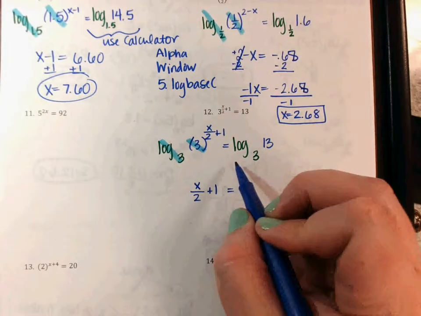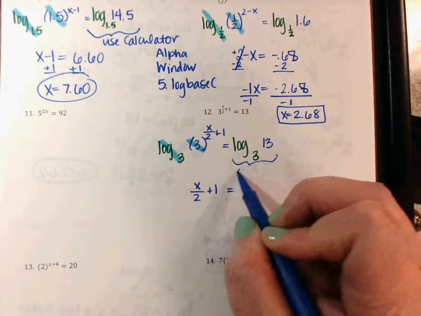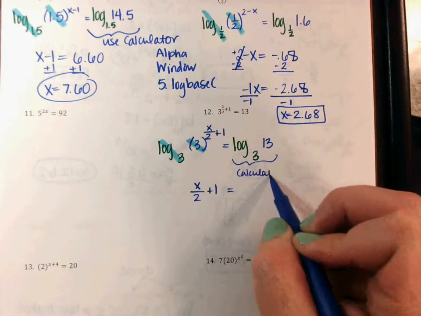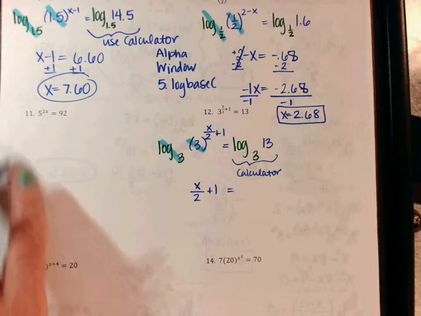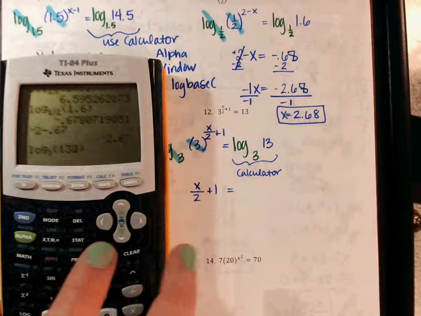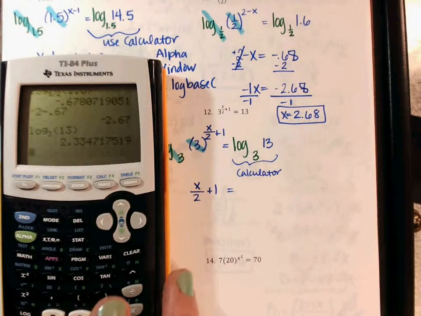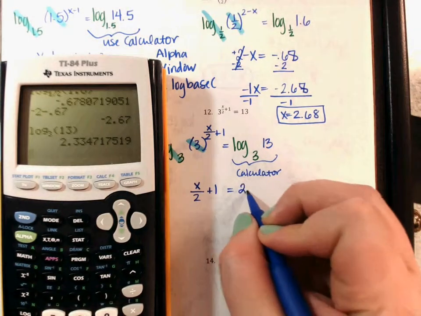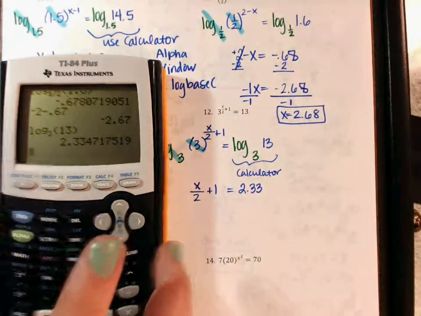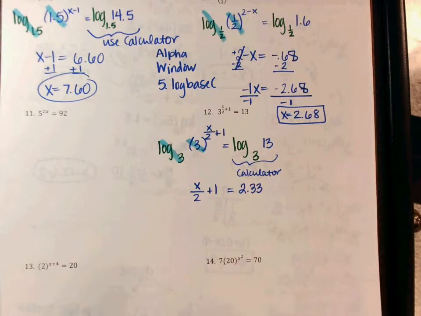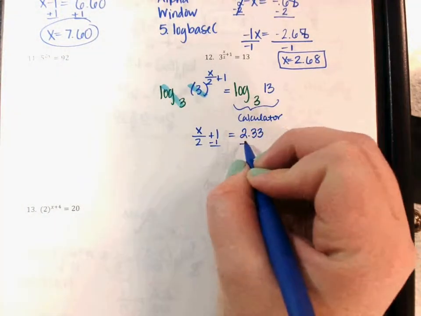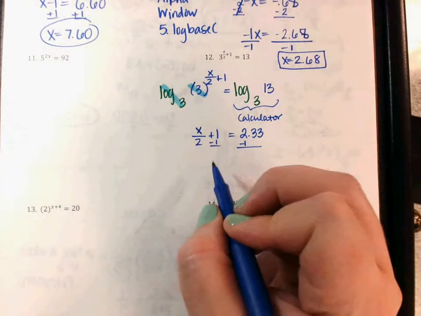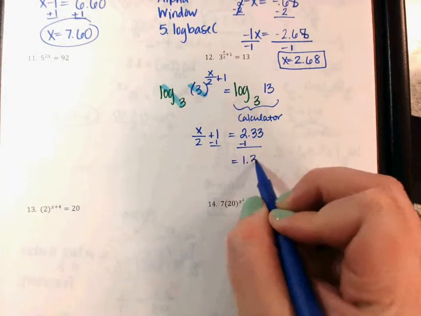And then on this side, remember, you're putting that in your calculator. So alpha window 5, little 3, big 13. Type it in just like that. And I get 2.33. Okay, what do I do next? Subtract the 1. 2 take away 1 is going to be 1.33 on that side.